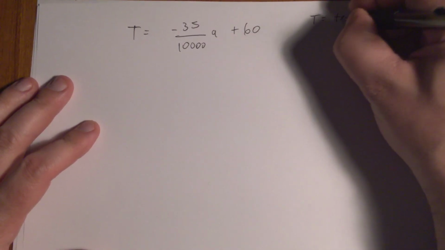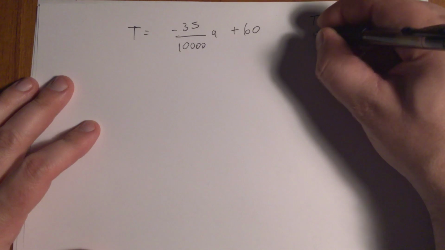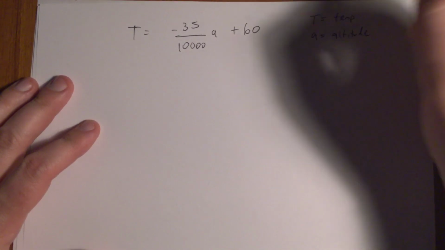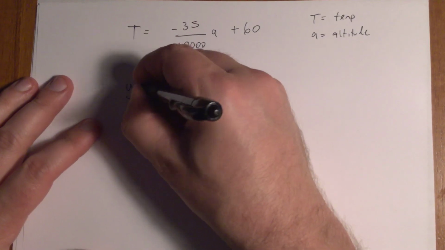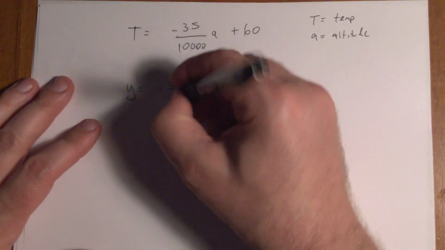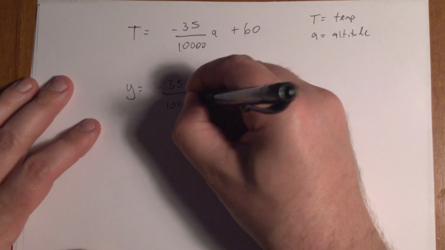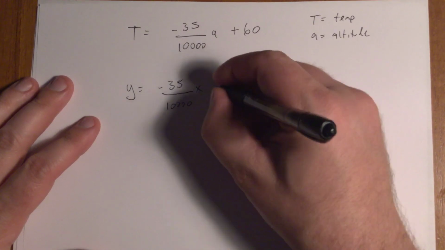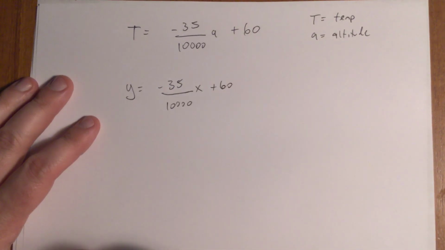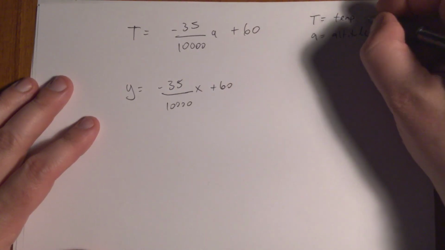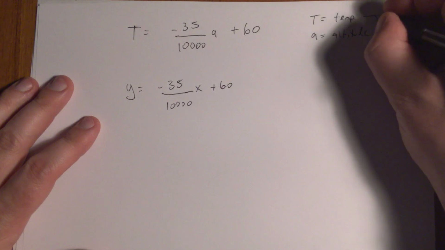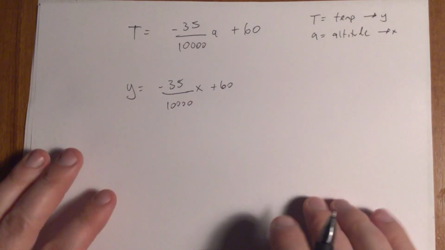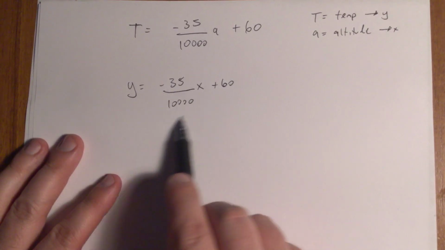T equals temp and A equals altitude. I'm going to change it to y equals negative 35 10,000ths x plus 60, which makes some of us happier. I could think of the temp as y and the altitude as x. Okay. This might make a little more sense.